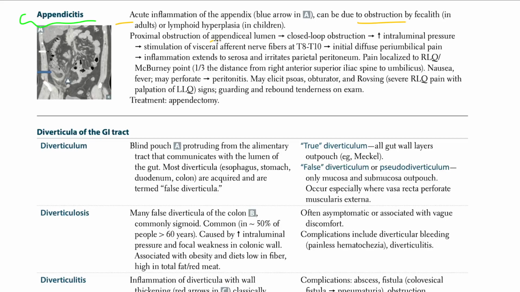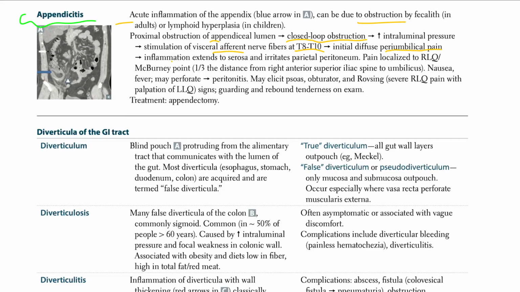Proximal obstruction of the appendiceal lumen leads to closed loop obstruction, which leads to increased intraluminal pressure, which causes stimulation of the visceral afferent nerve fibers at T8 to T10. This leads to initial diffuse periumbilical pain, which leads to inflammation.